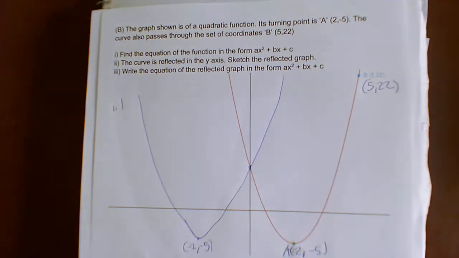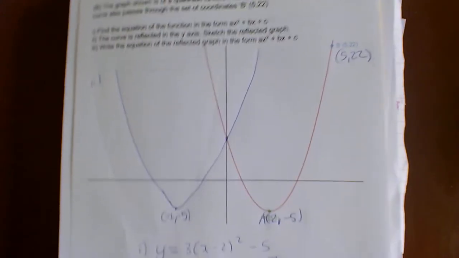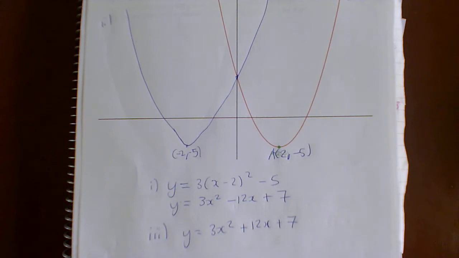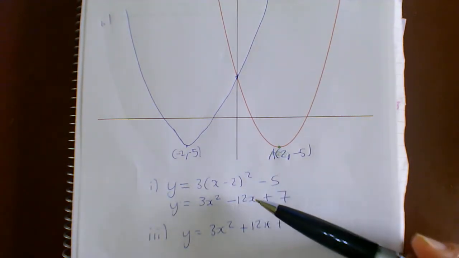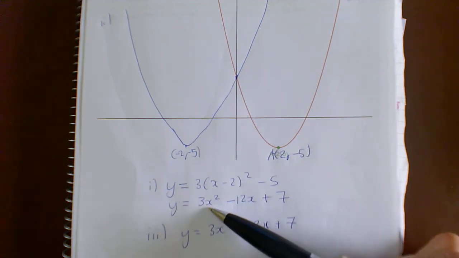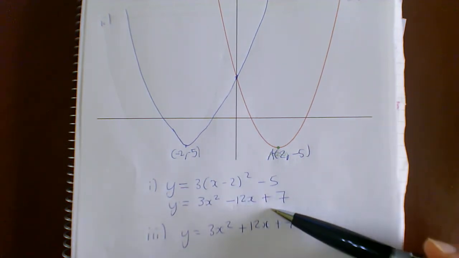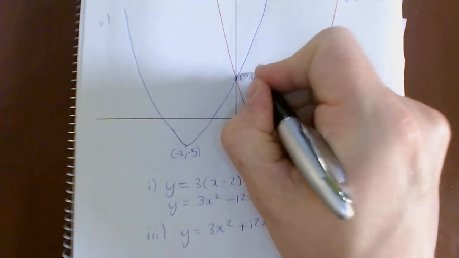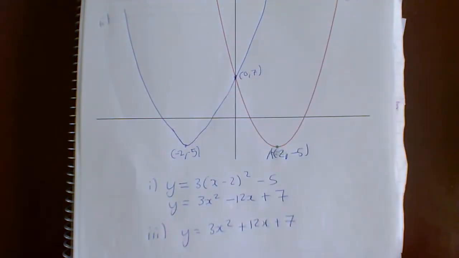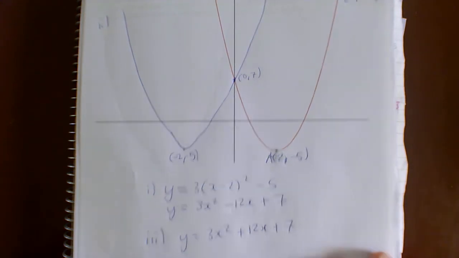Okay, we're back. Let's have a look. Hopefully you got the idea here. For the first part, I've done it in both forms there, the completed square form and 3x squared minus 12x plus 7. So your intercept there is 7. Hopefully you were able to follow that method.